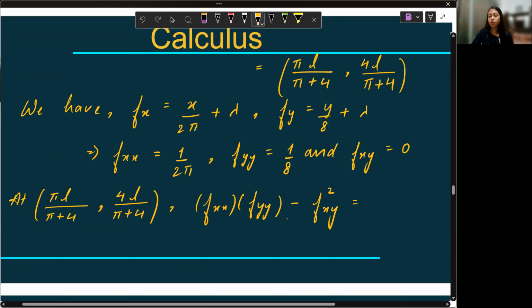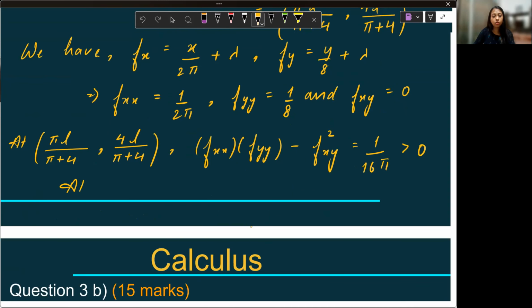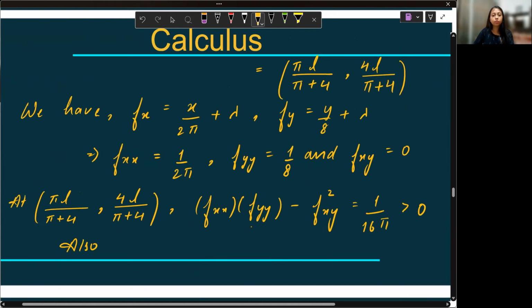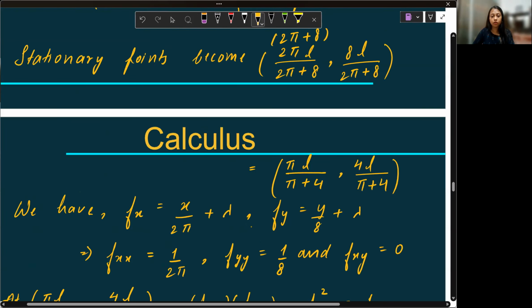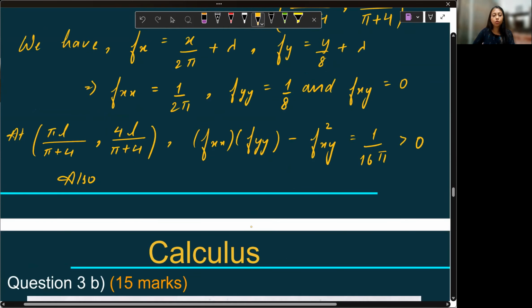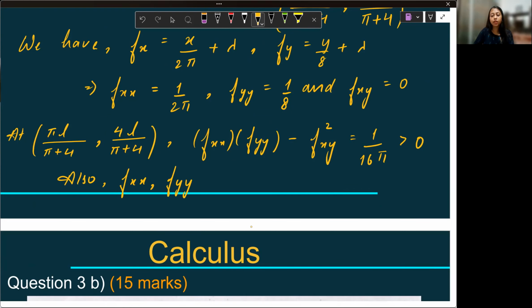So it will be 1 by 16 pi, which is clearly greater than 0. Also, fxx comma fyy is greater than 0, right?